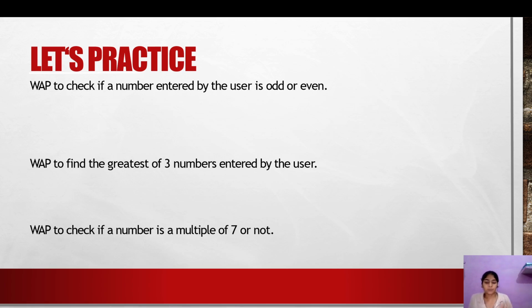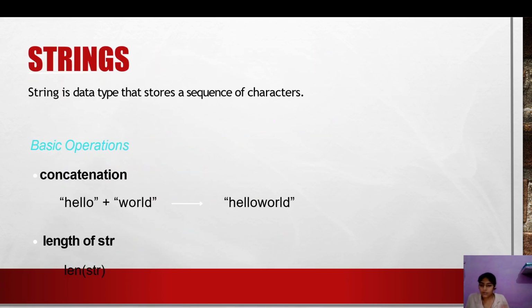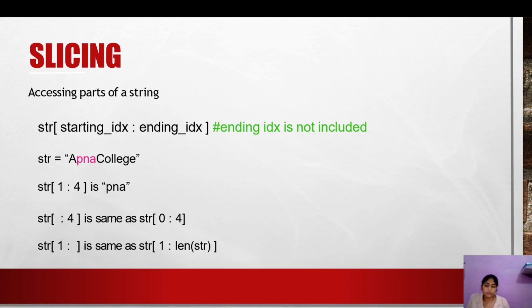Till then, I hope this all is clear to you. What is a string? A string is a sequence of characters, a data type that stores characters. Concatenation is joining two strings, adding two strings. Length of string, how you can find it. Indexing, how you can do the indexing 0, 1, 2, 3 and so on.